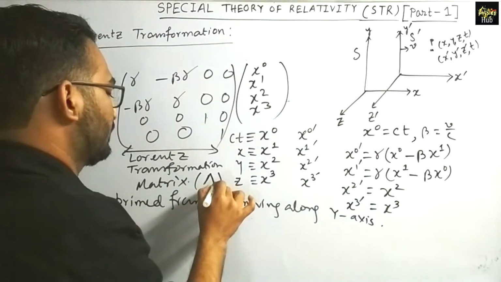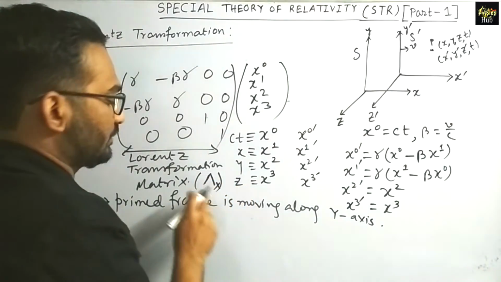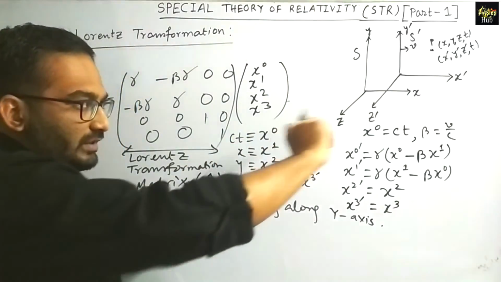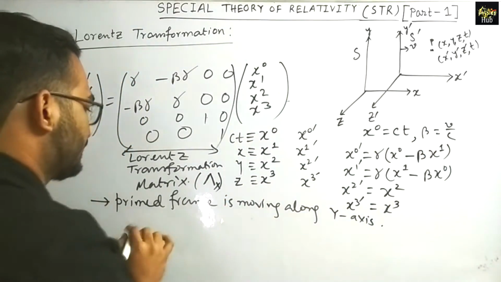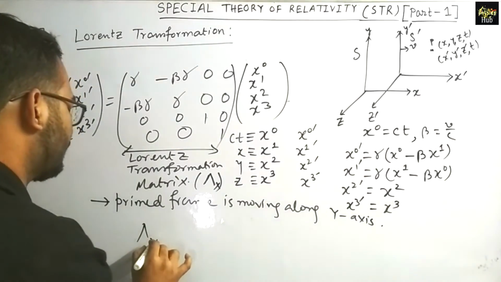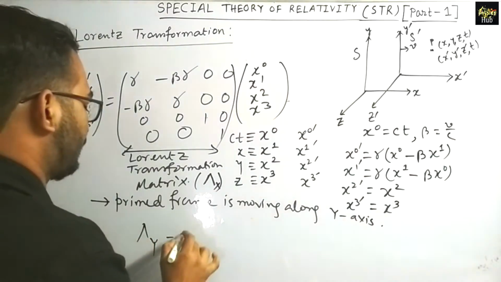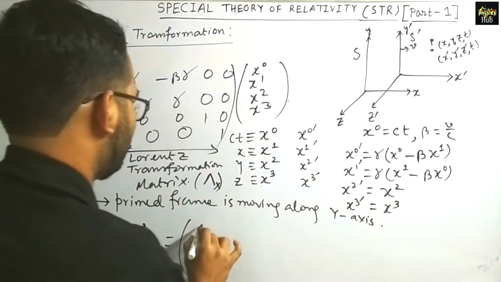So this is when the prime frame is moving with respect to x in the direction of the x-axis. Now when it is moving along the y-axis, the Lorentz transformation matrix is transformed accordingly. So what we will write?